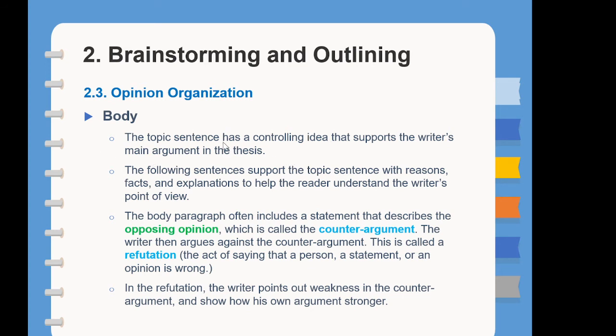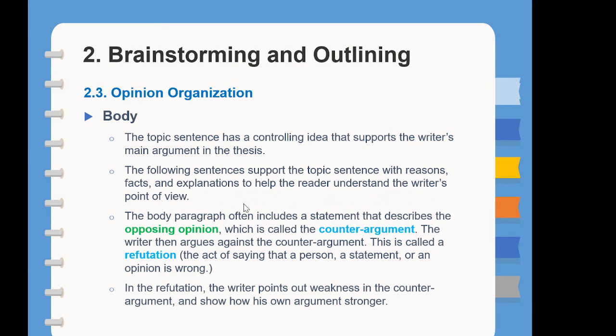I remind you, in the body, you write only one paragraph, because here you are learning how to write a 3-paragraph essay. So don't write more than one paragraph in the body. First is the topic sentence, which has a controlling idea that supports the writer's main argument in the thesis. And the following sentences support the topic.